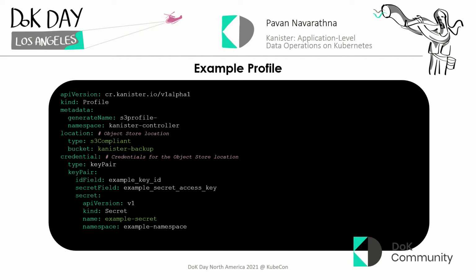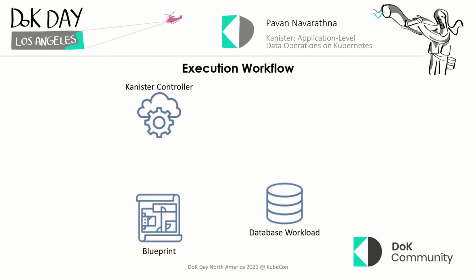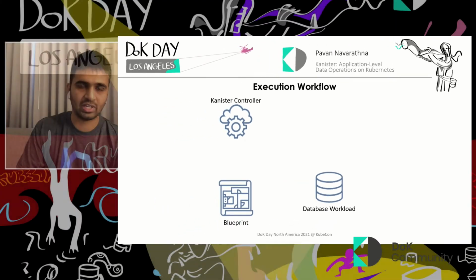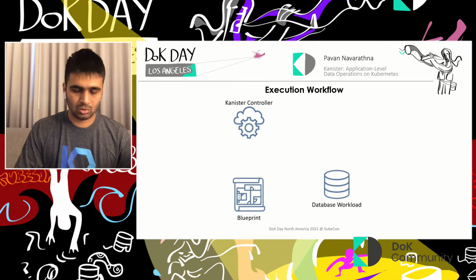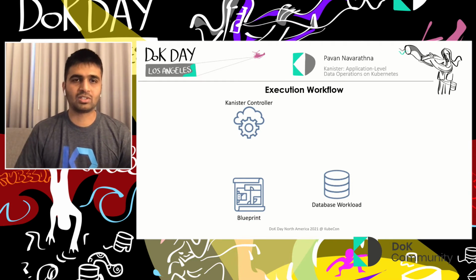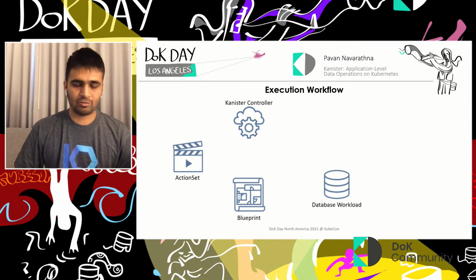So now that we have seen all the components, let's see how it behaves. Assume that you have a Kanister controller, a blueprint, and a database workload. How do we back this up? The first step would be to create an action set.